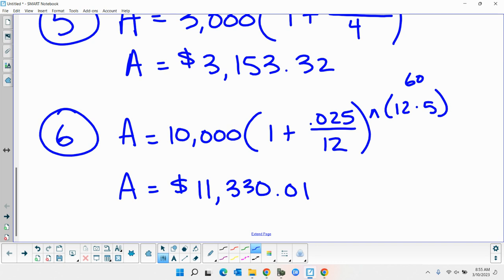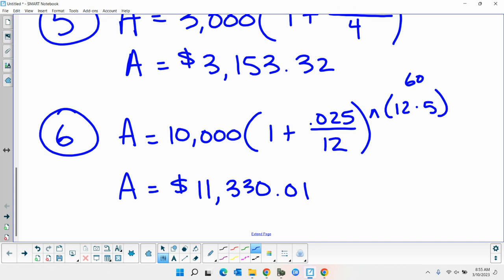Questions on using the compound interest formula. R is a percent, and how many times it's compounded in a year. T is the number of years. We should know what the numbers represent. We got all those right so far, didn't we, Trip? Yep. Good job. T is the number of years, the time. N is the number of times it's compounded in 1 year.